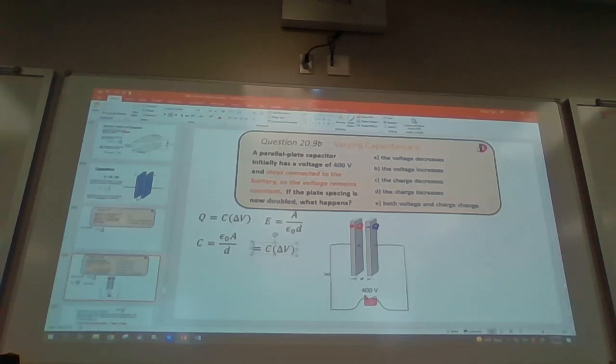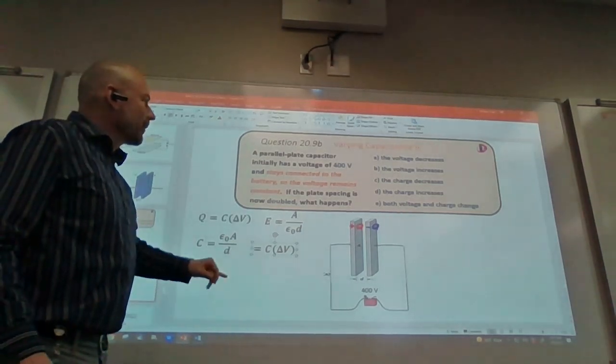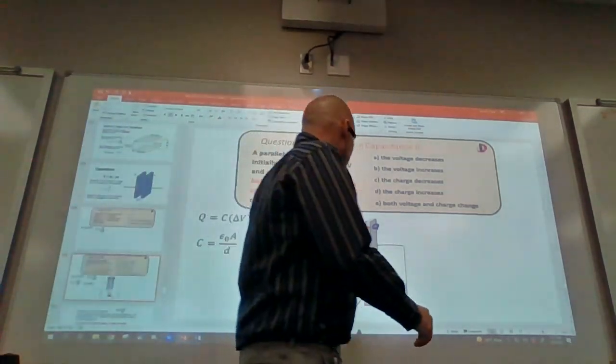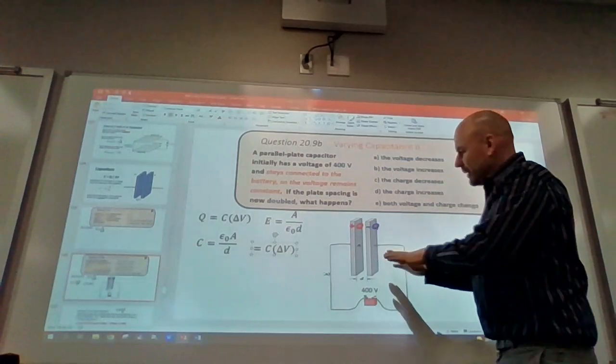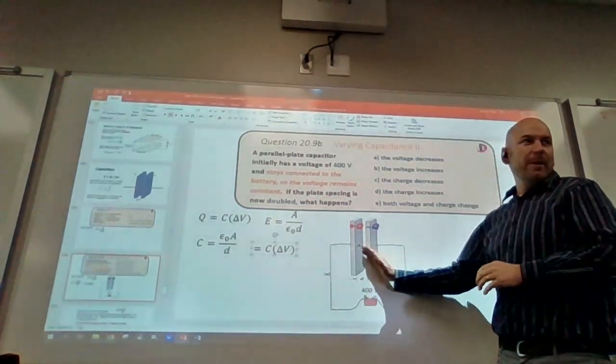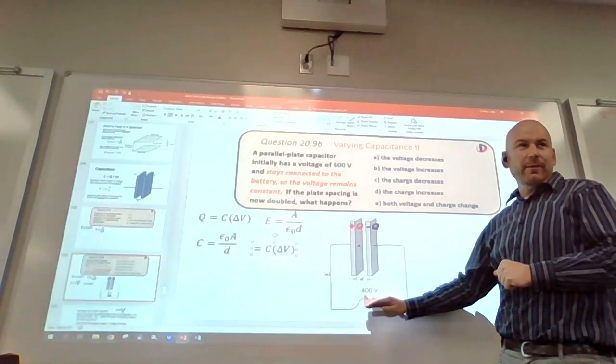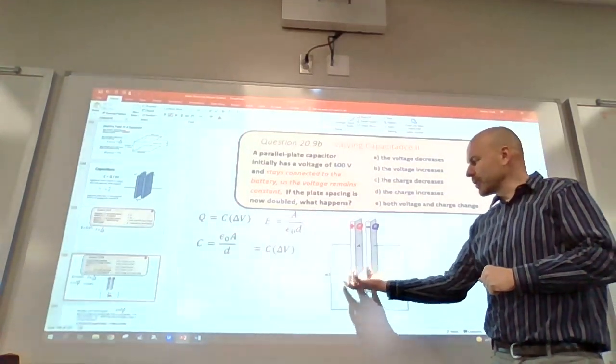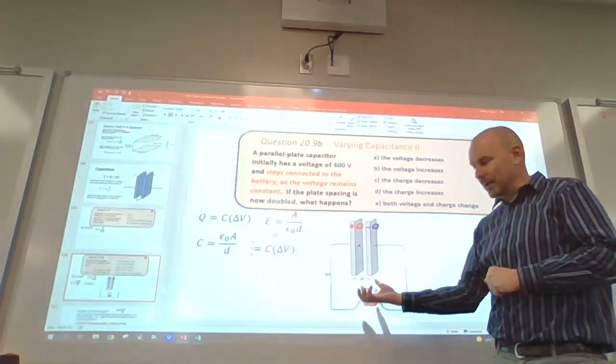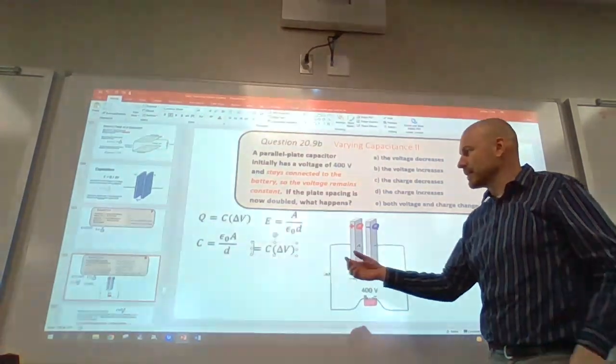Correct answer is C. Don't you just love teaching? I do. Okay, here's the thing I want you to take away. As long as your capacitor is hooked up to your battery voltage source, the voltage across the plates is going to be the same.